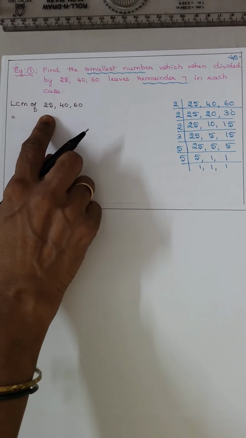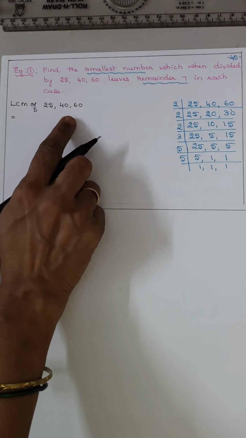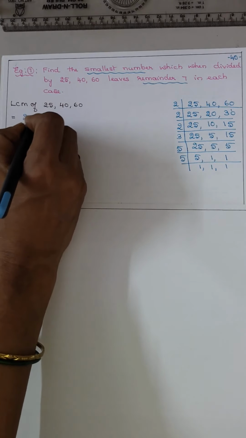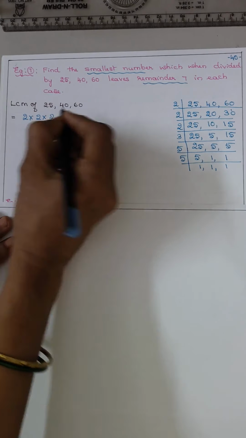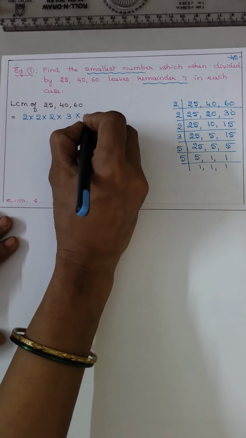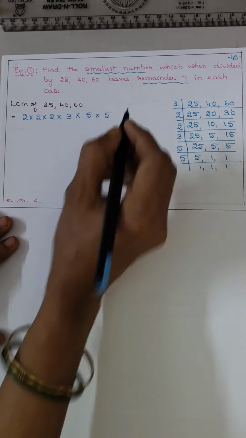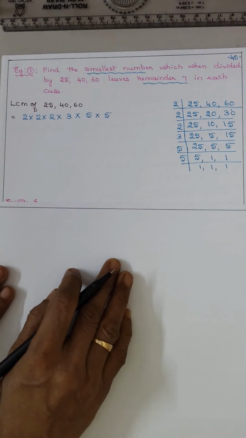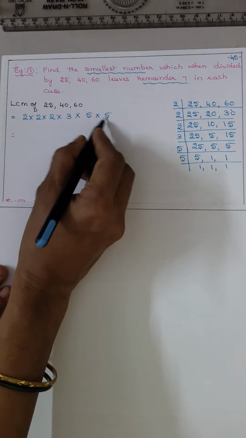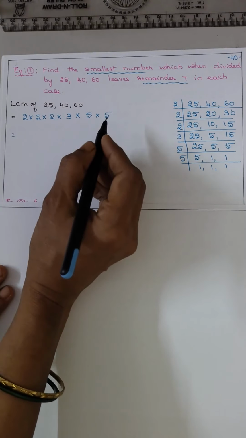Now LCM of 25, 40 and 60 are, multiply all these. 3 times 2, 1 times 3 and 2 times 5. To multiply, I have told already, it is 2 and 5, 2 and 5.